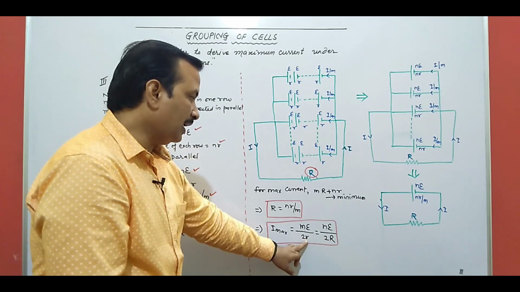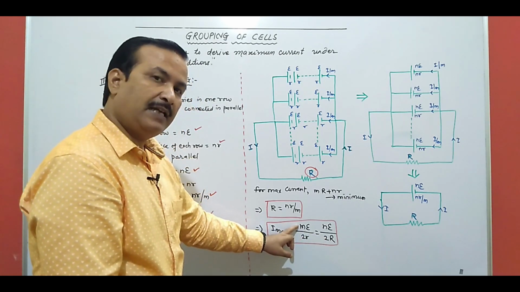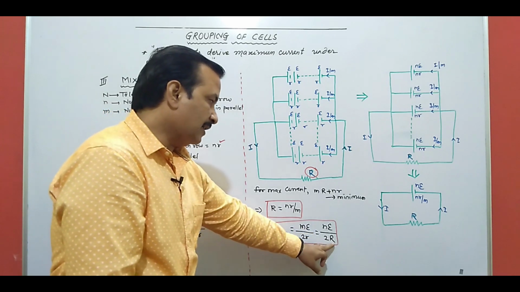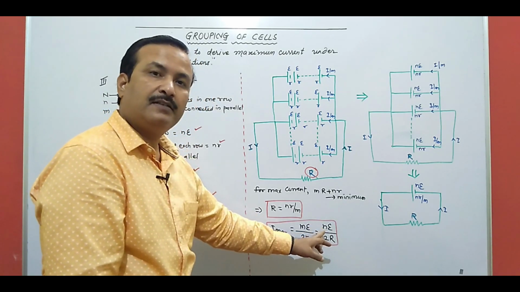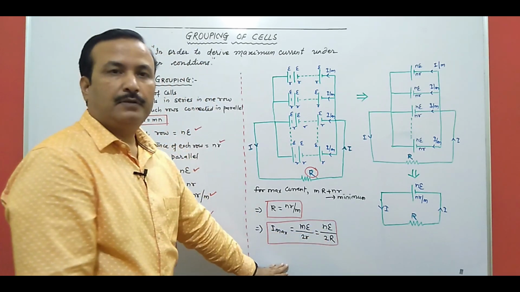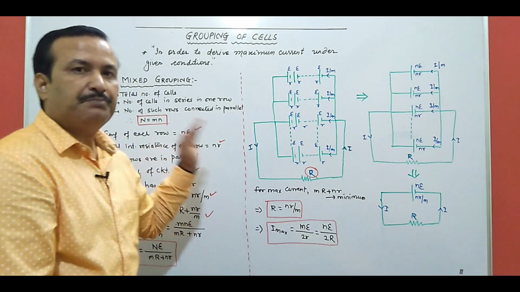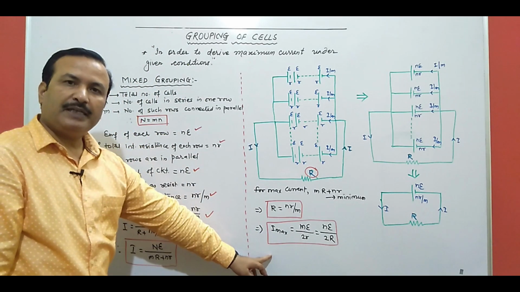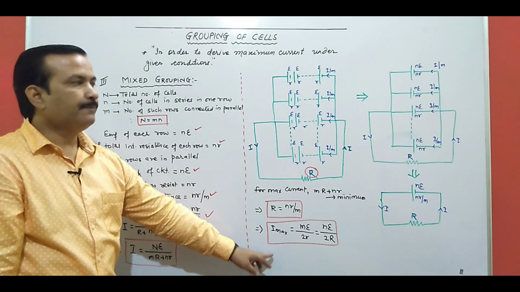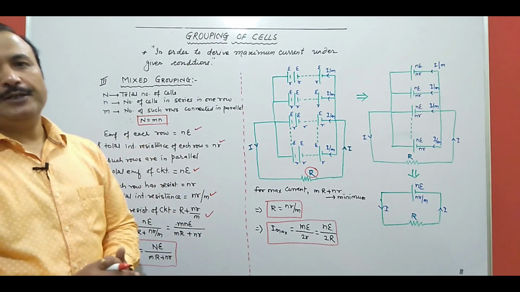This is small r when m is in the numerator and this is capital R when n is in the numerator. So this you need to remember for mixed grouping. You can use this formula in numerical problems, right? So this finishes grouping of cells.